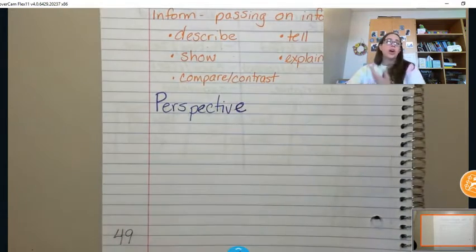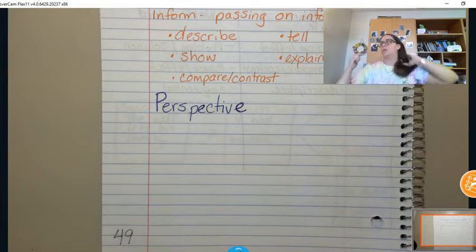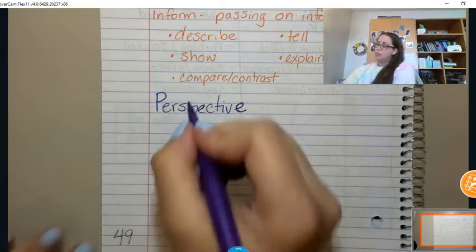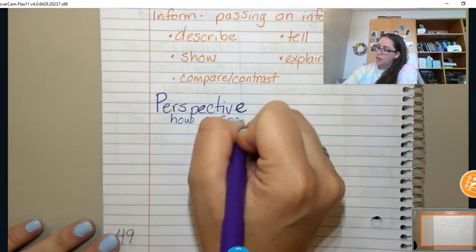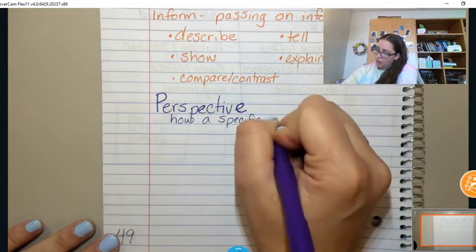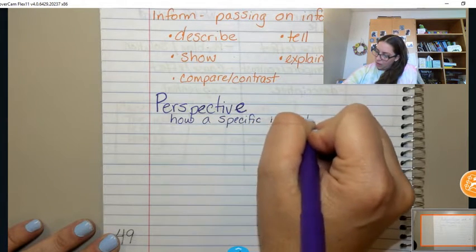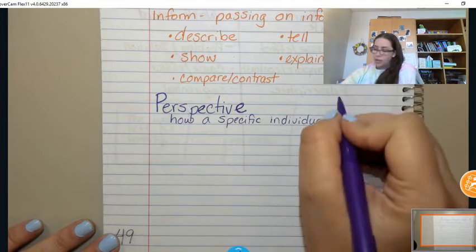Perspective. When we're talking about somebody's perspective, you're talking about how a specific individual views an event.